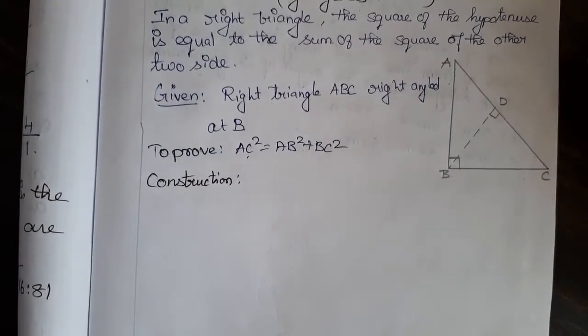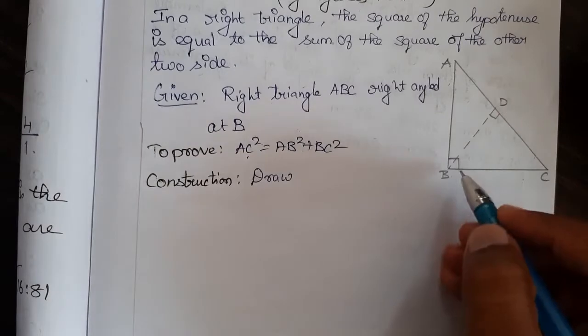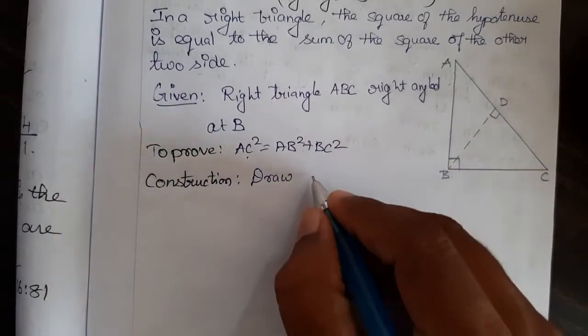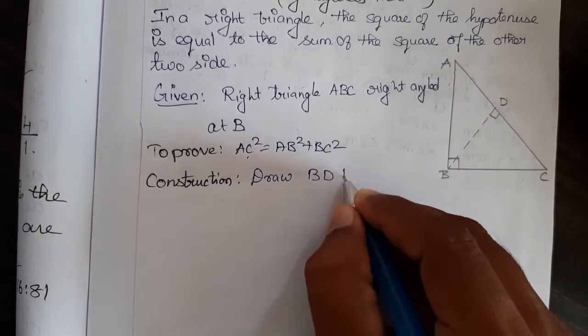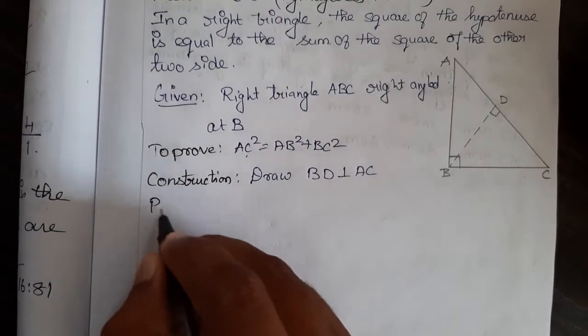Construction: draw BD perpendicular to AC. Then here we go for the proof.